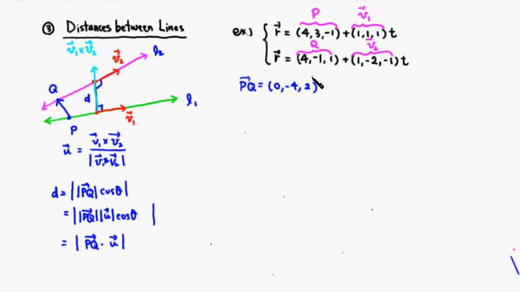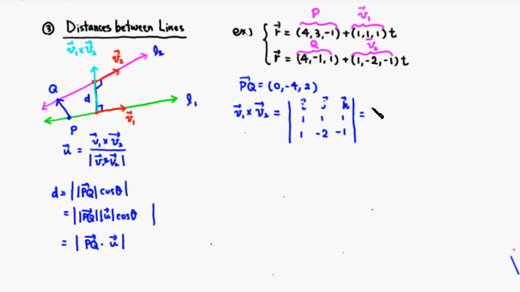Then we can find the vector u, but first we have to take the cross product between V1 and V2. Using i, j, k, V1 is 1, 1, 1 and V2 is 1, negative 2, negative 1.